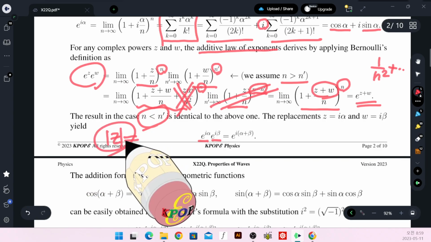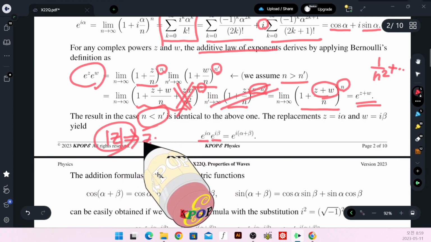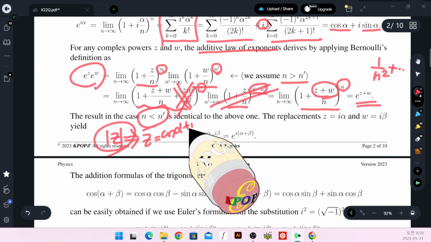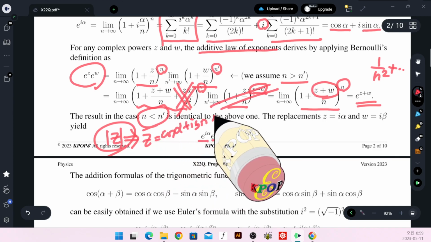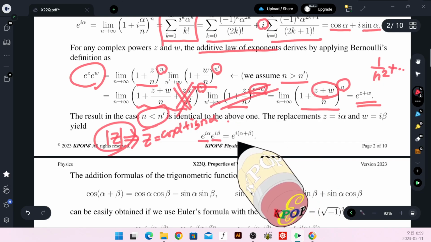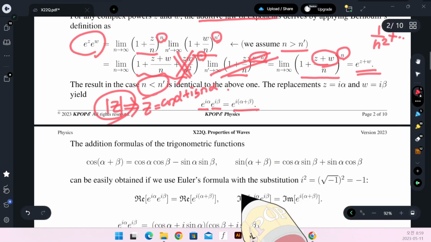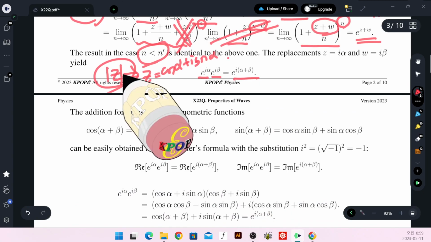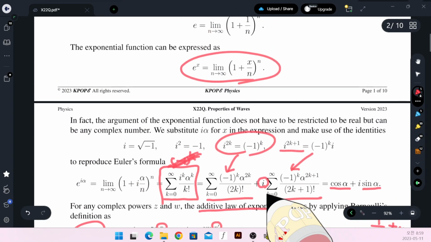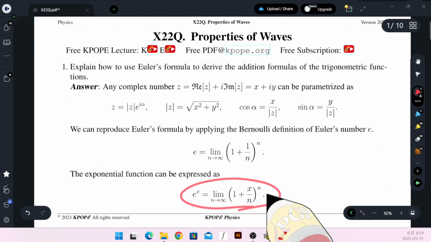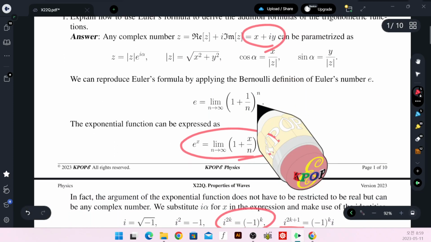in this kind of form, where z equals cosine alpha plus i sine alpha. Applying the additive law of exponents and substituting the expression, where is it? Cosine plus i sine.